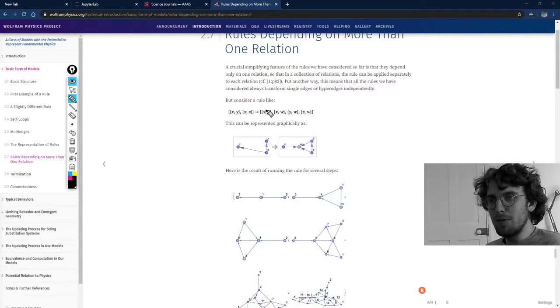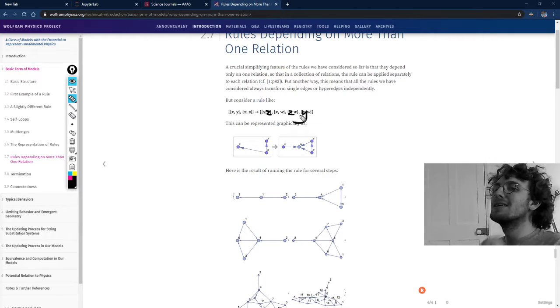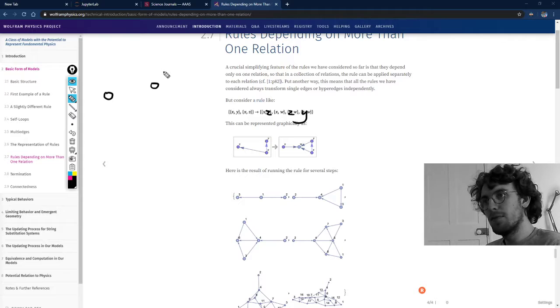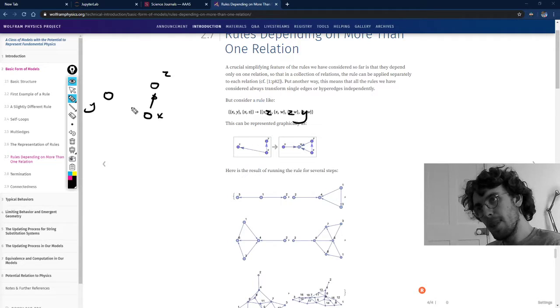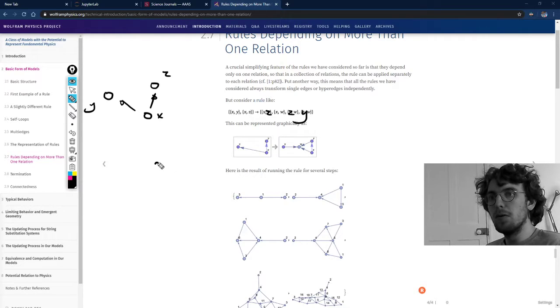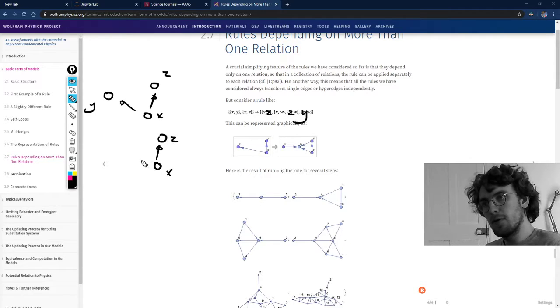I suggested that maybe the rule they meant to write was this, which would give this language: Z, Y, X goes to Z, X, W, Z to Y.